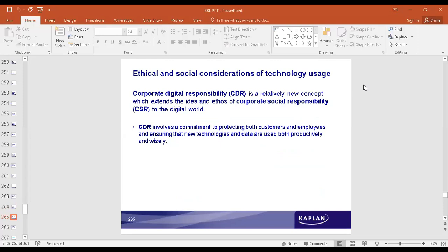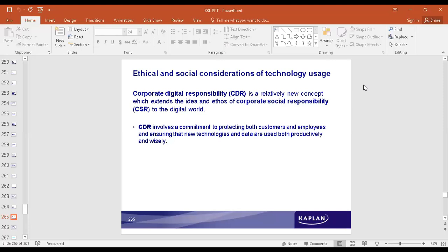See, with specific reference to protecting the data or the technology, like we have understood about how the organization feels the responsibility towards the society at large, wherein they do consider the benefit of the other beneficiaries apart from the shareholders. We refer to that as corporate social responsibility.